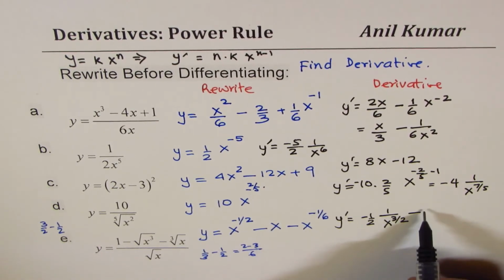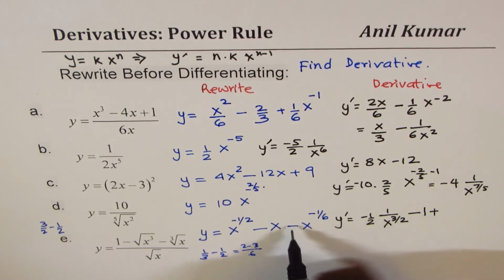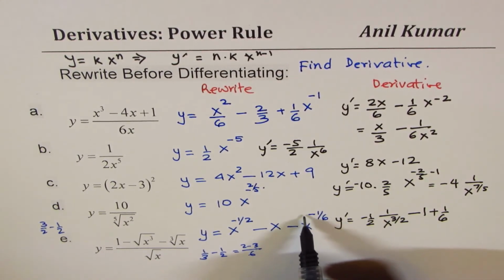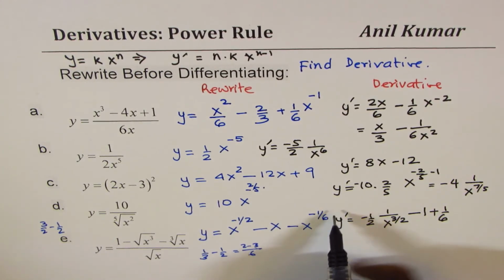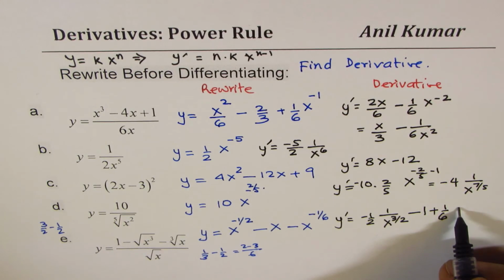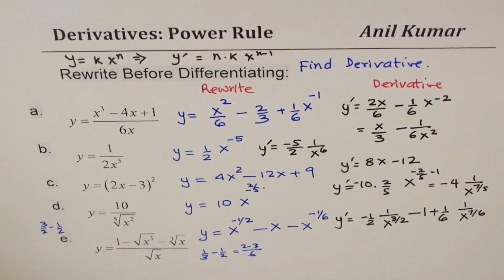Derivative of x is minus 1 here, and here minus and minus becomes positive, 1 over 6. Now minus 1 over 6 minus 1 will make it minus 7 over 6, right? So it is 1 over x to the power of 7 over 6. So that becomes the derivative of the function.